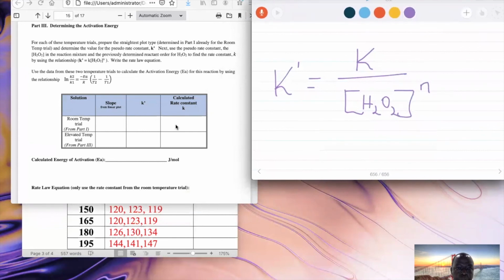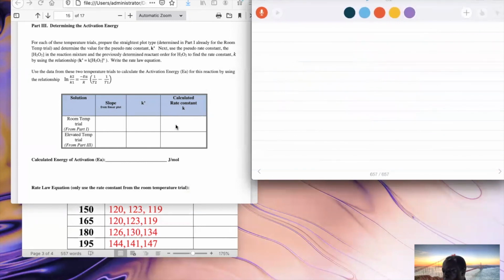And then the calculated rate constant is given by K. This is calculated.